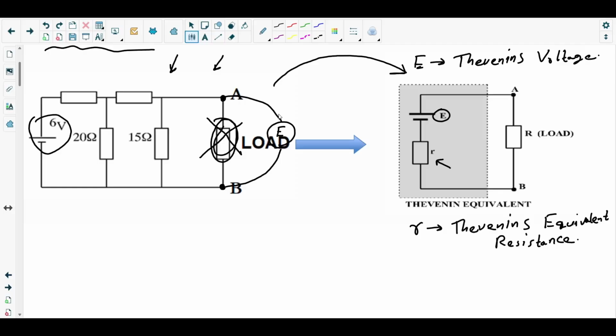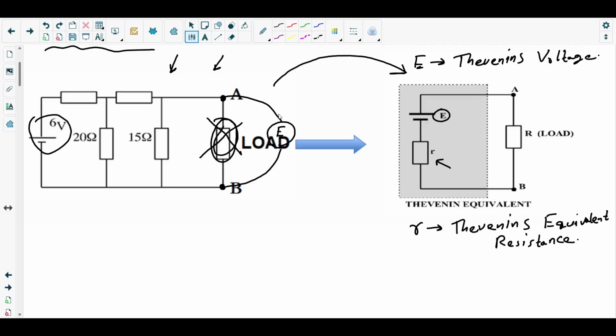So if you define Thevenin's voltage, it is the voltage when the load resistor is disconnected from the terminal of the original circuit, basically the voltage across the terminal. Here the terminal is AB, because from that part we took out the load resistor, right?